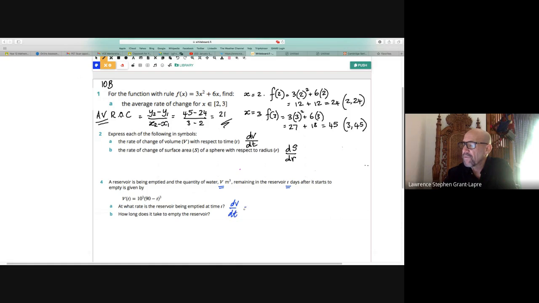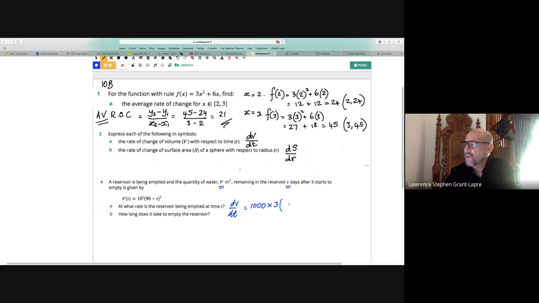So we want the derivative. There's only one t value here, so it's chain rule. I'll just change that to 1,000 because that's 10 cubed. And let's bring that 3 down.